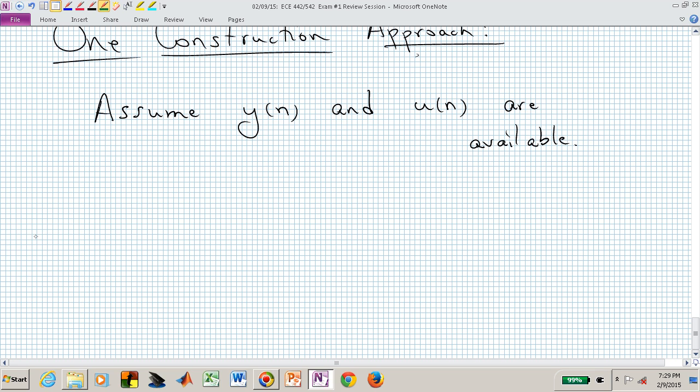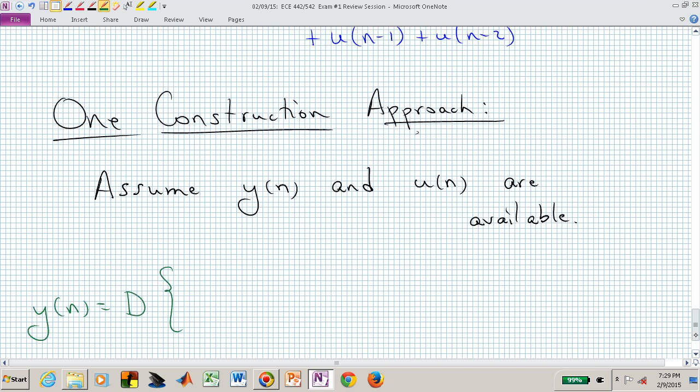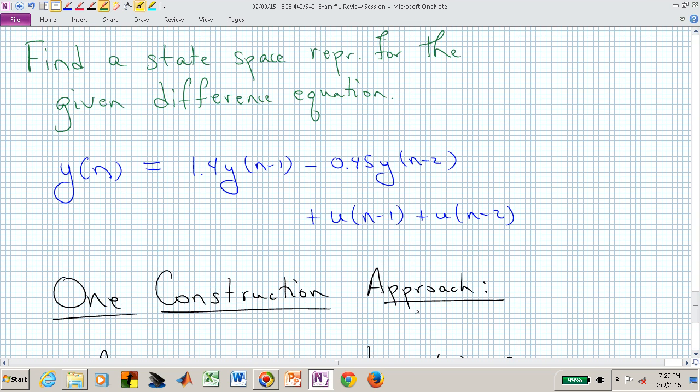Meaning I can create y of n. Unfortunately, that just slid off the top, but I can now say I have a delay, and now I'm looking for the two pieces that are delayed by 1 in time. If I process 1.4 y of n by 1 delay, I will have this first term. Is that clear?